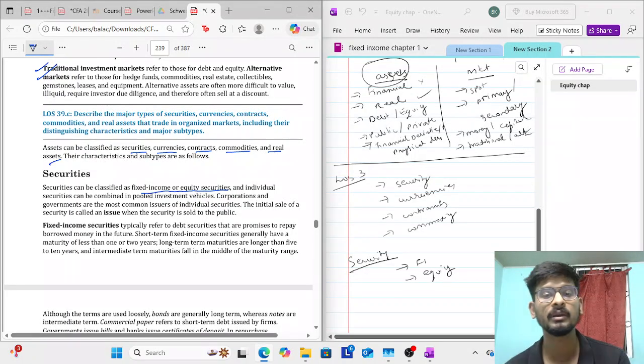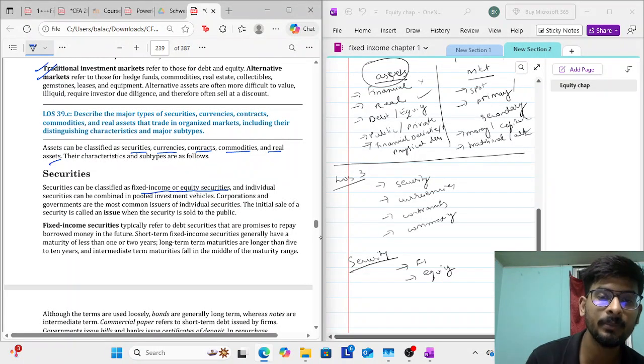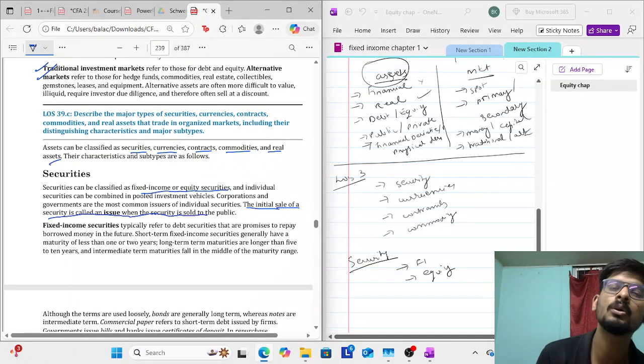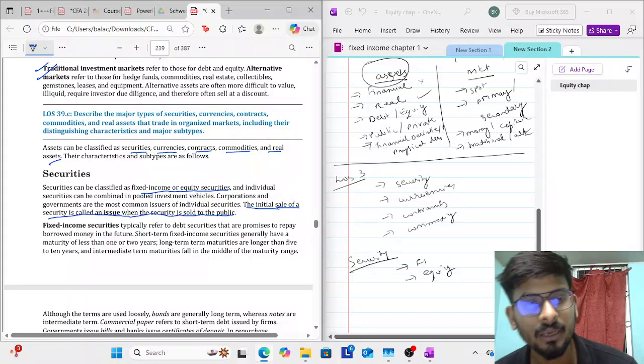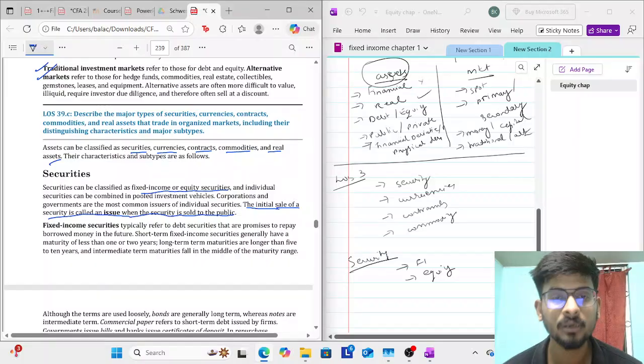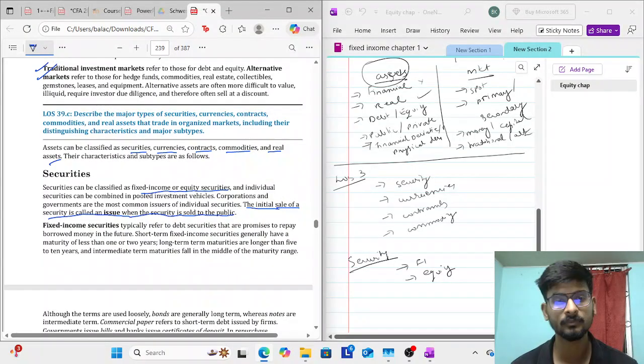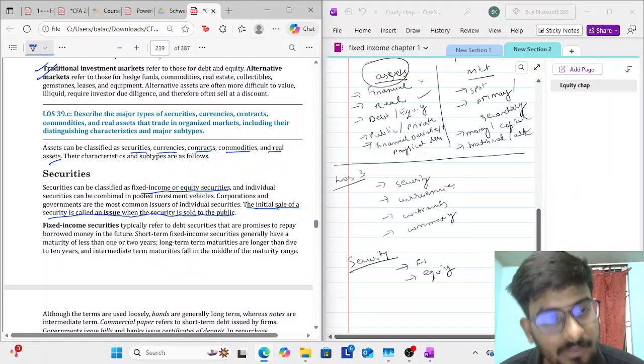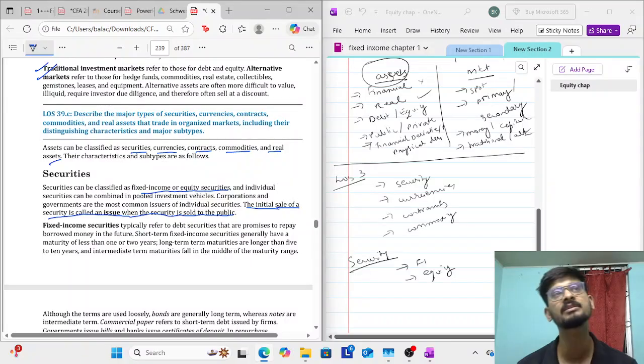So the initial, first primary sale of a security to the public is known as an issue. It's not only talking about the IPO or the stock, it's about everything. Every security, when it is issued to the public for the first time, is known as an issue.